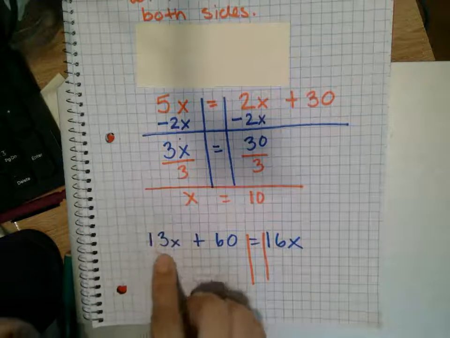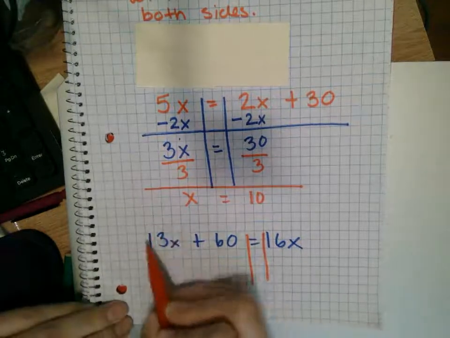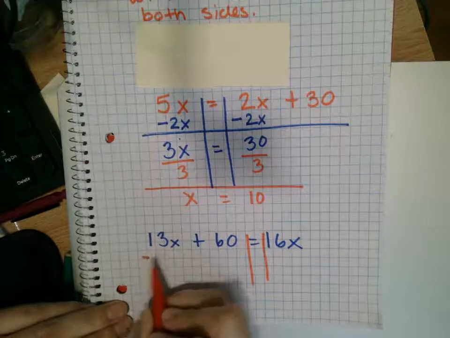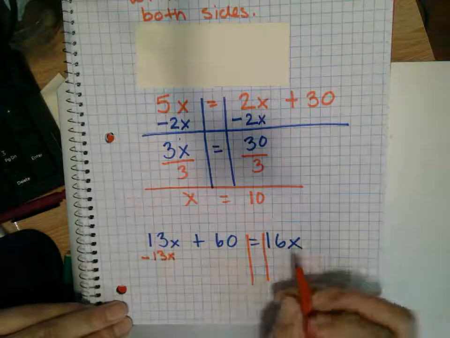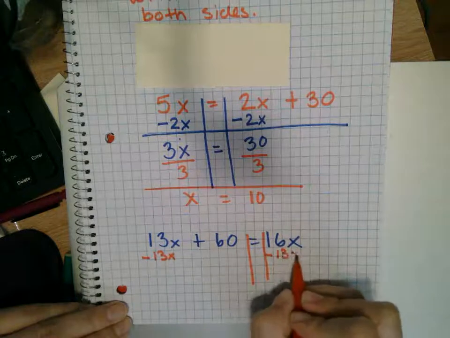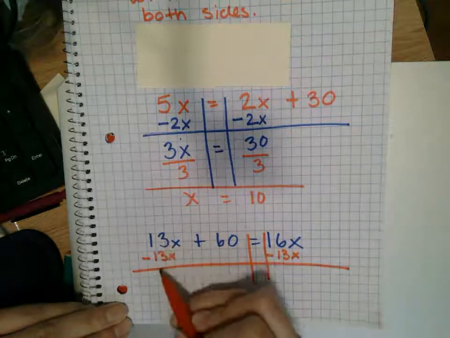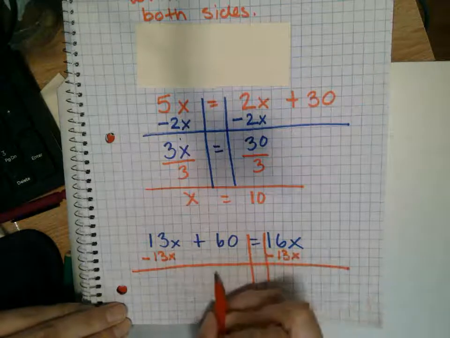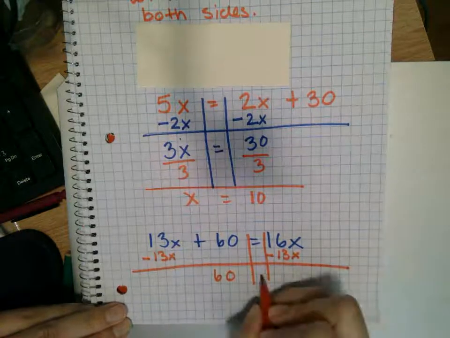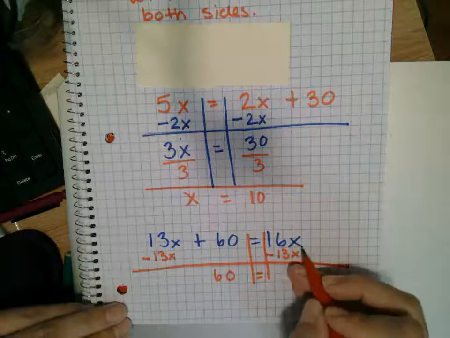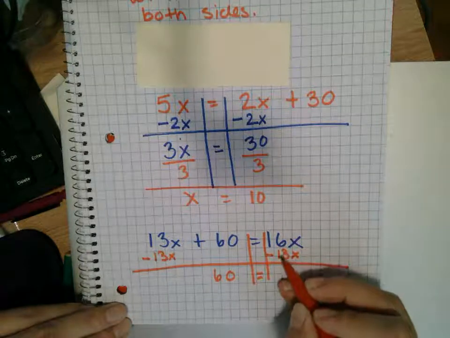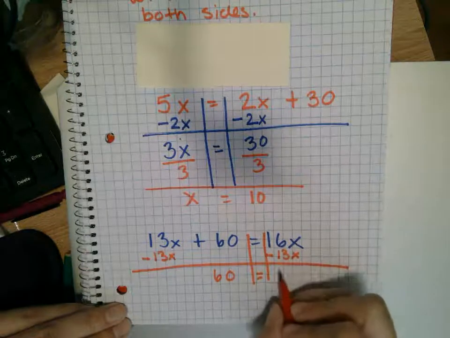So I want to move this whole thing to the other side by subtracting 13x on this side, subtracting 13x on this side. Okay? What happens here, it eliminates. We cancel it out. You're just left with 60 is equal to 16x minus 13x. 16x minus 13x is 3x.